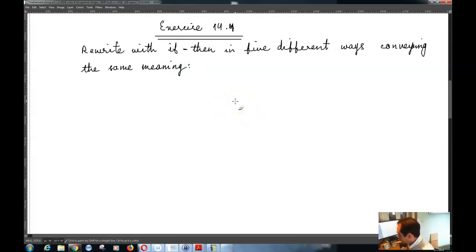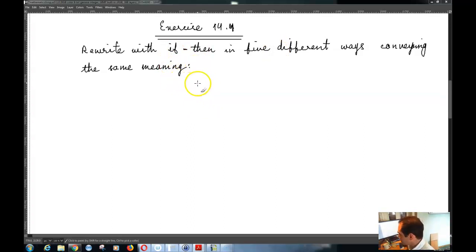So about if then, what we had before was basically an example, and we said that there are several ways of understanding if P then Q statements.